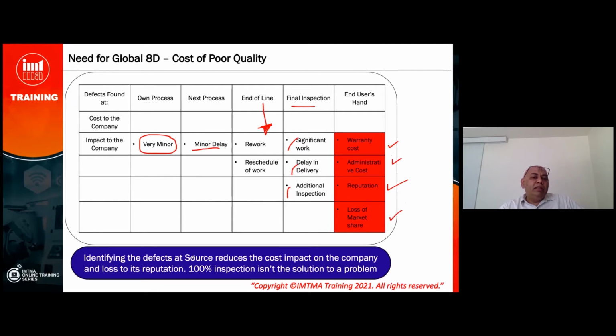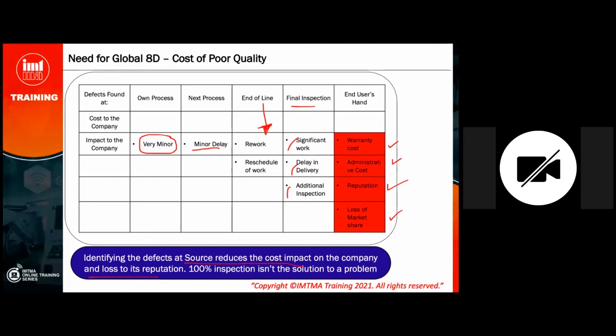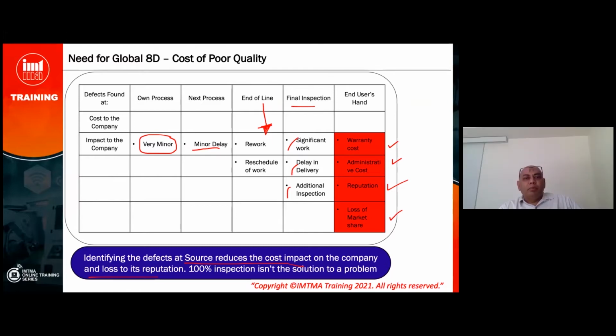So identifying the defect at the source reduces the cost of the impact on the company and the loss to its reputation. But you can't always have 100% inspection, right? So a structured approach to problem solving is what we always try to propagate, for any issues, particularly quality issues.